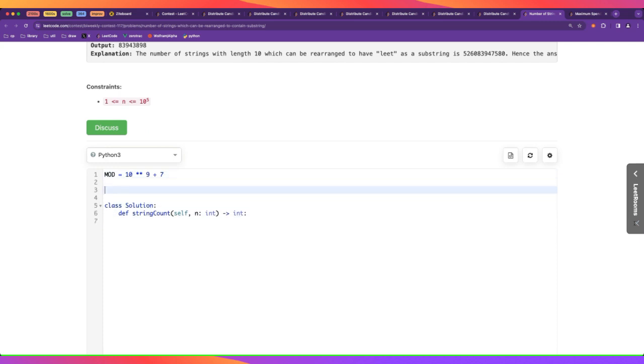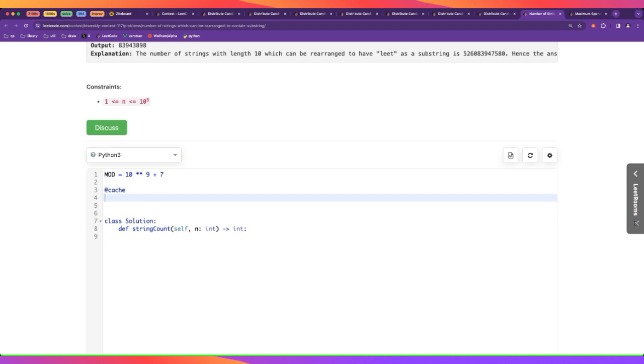So we're gonna cache it, and we're gonna count how many there are, given that we have n characters to fill, and we want to know how many occurrences we have of each. How many we have to add.